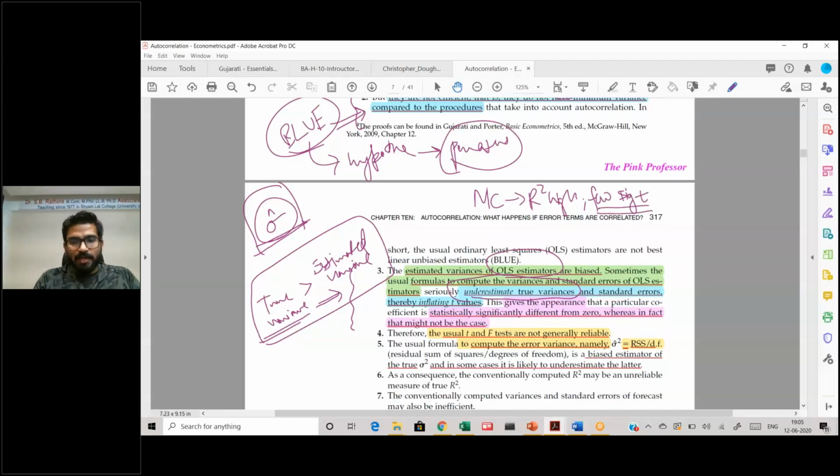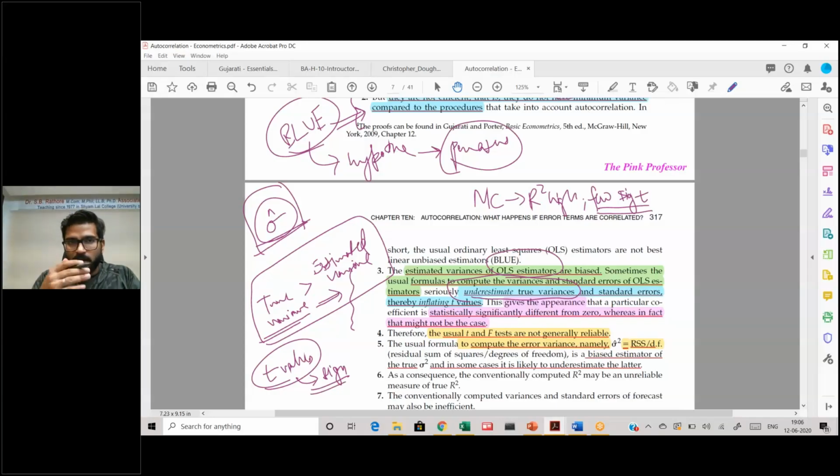Here, because you're underestimating your variance, a lot of your T values will come out to be significant.